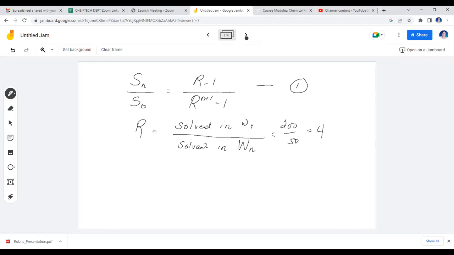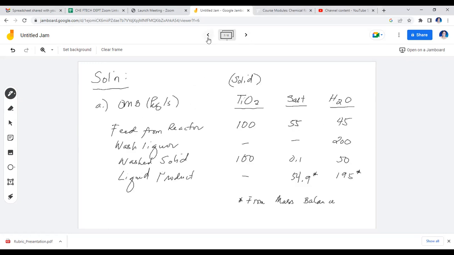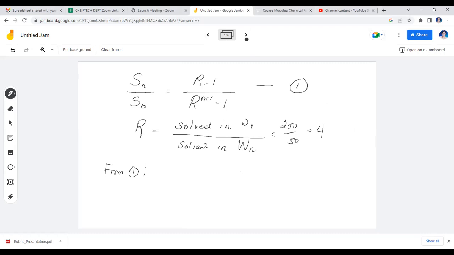Then we can go back to our equation 1. So your S sub n, what do you think is our S sub n? Solute in the nth thickener. This is 0.1, so I'll write here 0.1. That's based on the definition of the S. And solute in the feed, which is 55.